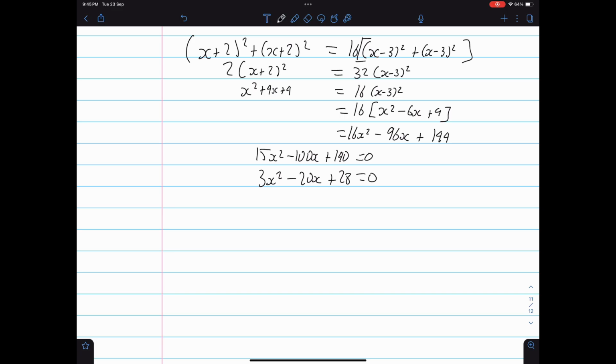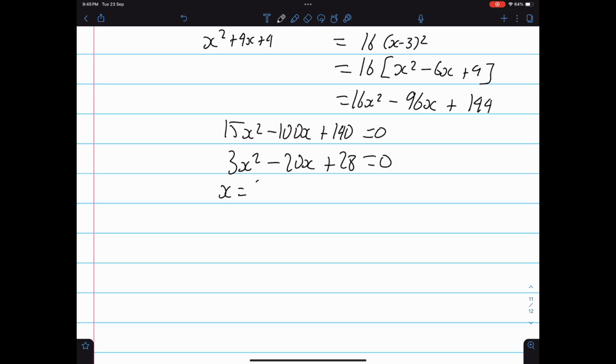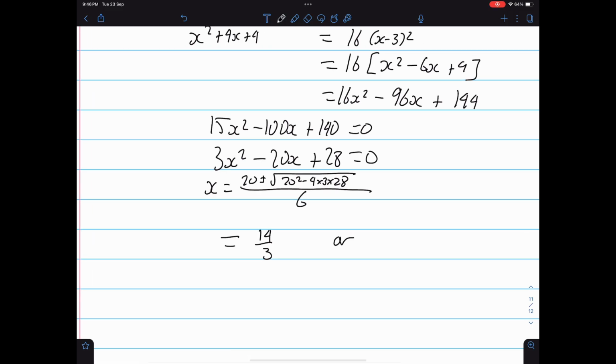And let's do the quadratic formula. And so we have 20 plus or minus the square root of 20 squared minus 4 times 3 times 28, over 6. We get 14 over 3, or we get 2.